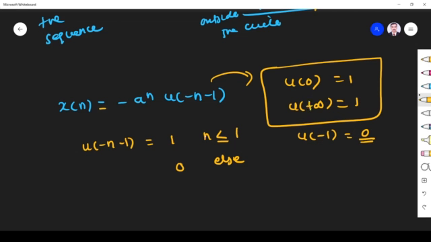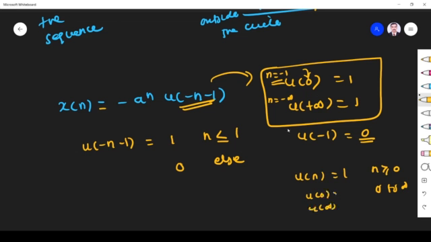I am substituting. When I substitute n equal to −1, the function becomes u(0). When you substitute n equal to −infinity, the function becomes u(plus infinity). So we know u(n) exists as 1 when n is greater than or equal to 0, that is 0 to infinity only. So when n is −1, the bracket term is 0. When n is equal to −infinity, the bracket term is plus infinity.